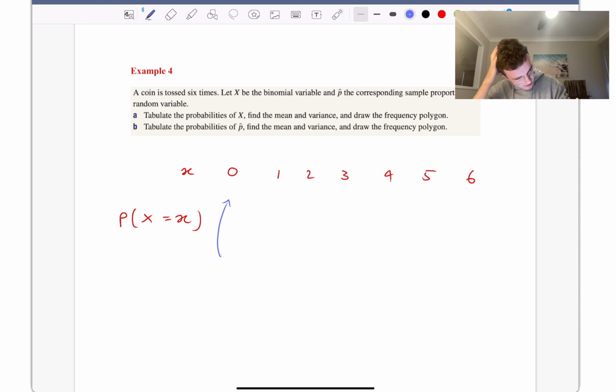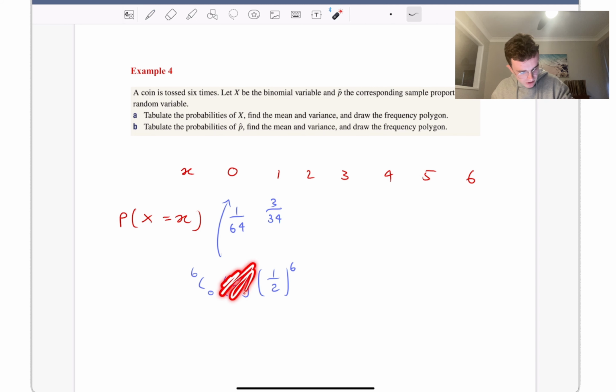So this one's going to be 6 choose 0 times 1/2 to the power of 0 times 1/2 to the power of 6, which is 1 on 64. I'm going to keep going, so 6 choose 1, which is 3 on 32. Notice that when it's 1/2, you can just do 1/2 to the power of 6 every single time.